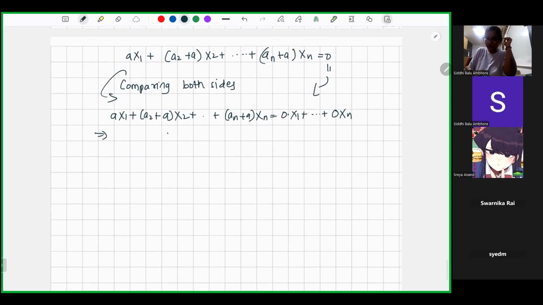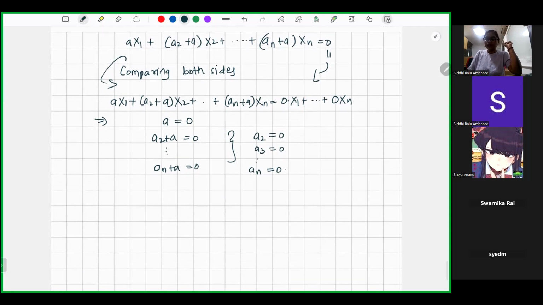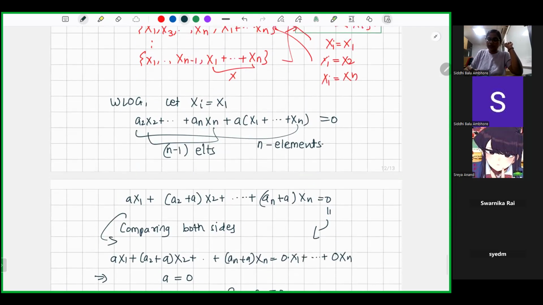So this gives me that a is 0, a2 plus a is 0, so on, an plus a is 0. Since a is 0, this implies a2 is 0, a3 is 0, and all the way an must be 0. And that's what we wanted to prove, right? That each of these ai and a is 0.